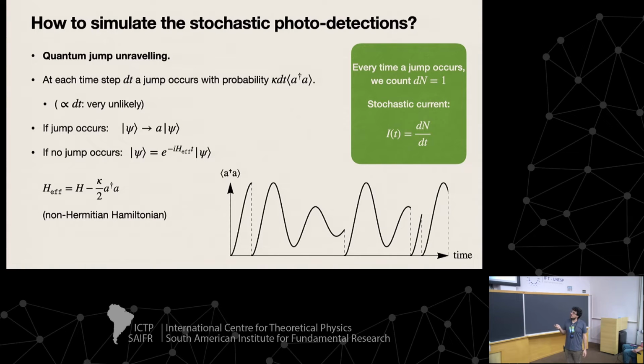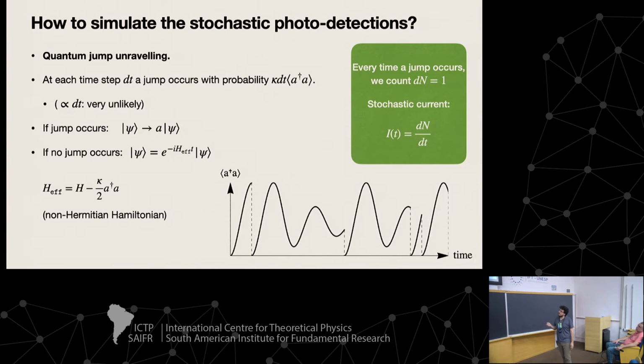If no jump occurs, then the system will evolve with a non-Hermitian Hamiltonian. I maybe don't need to go into the details of why it's a non-Hermitian Hamiltonian and not a Hermitian Hamiltonian, but that's what it turns out to be. And so if you were to look at the average photon number, you might get something like this. You get these continuous evolutions where the system is just wiggling around, and they're interrupted by these abrupt quantum jumps.